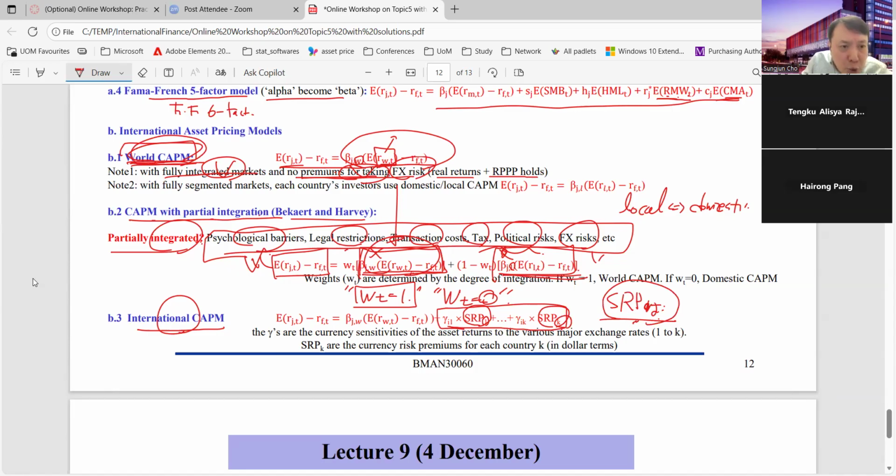But world CAPM has two important assumptions: fully integrated market, and then no FX risk, no premium for FX risk. If this assumption is not correct, if full integration is not correct, then we can use this hybrid weighted average model. If you ask premium for taking currency risk, you have to use international CAPM.